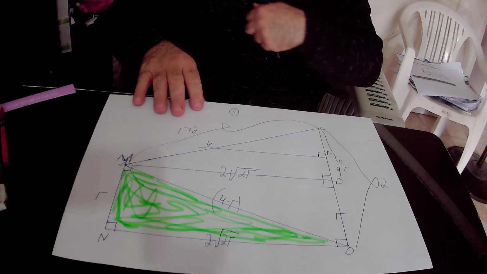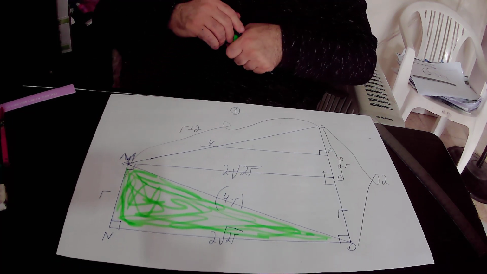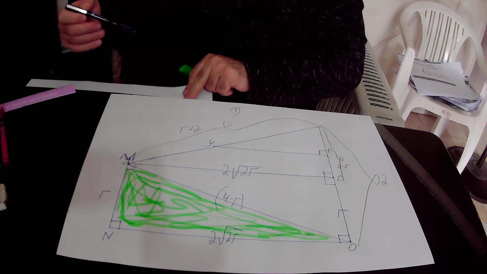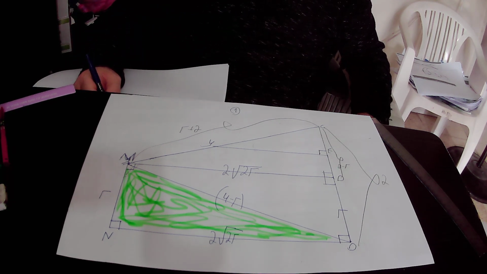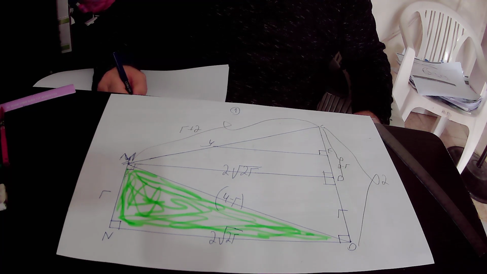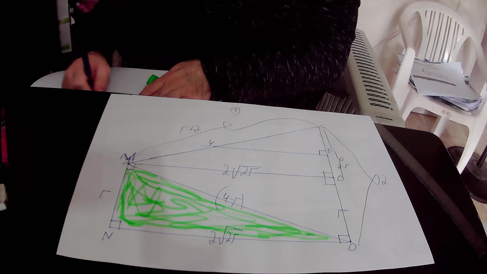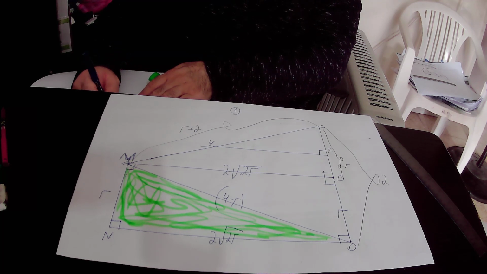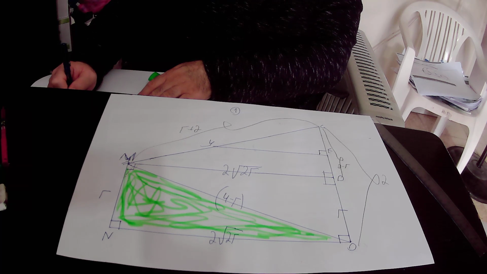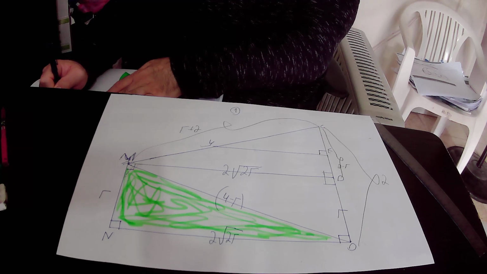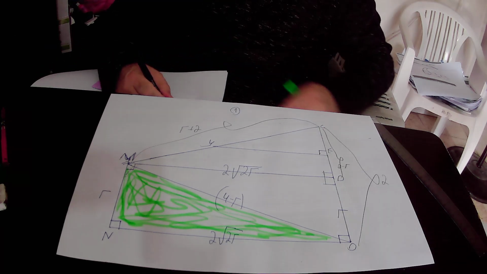So, on the green right triangle, triangle MNO, according to the Pythagoras theorem, the square of the hypotenuse equals the sum of the squares of the perpendiculars.